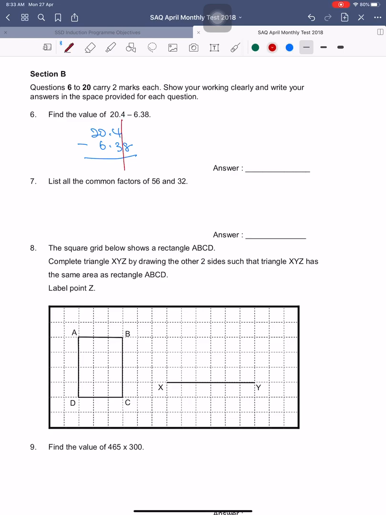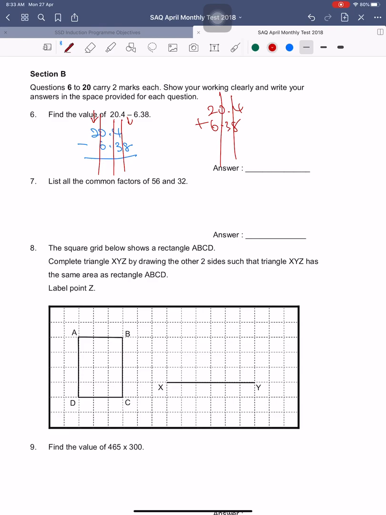This is your hundredths place, this is your tenths, this is your ones, this is your tens. You must make sure that they are all aligned. Some of you put 20.4 plus 6.38 and they are not aligned.